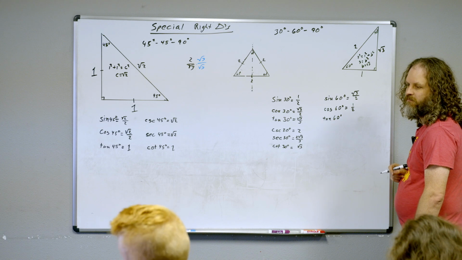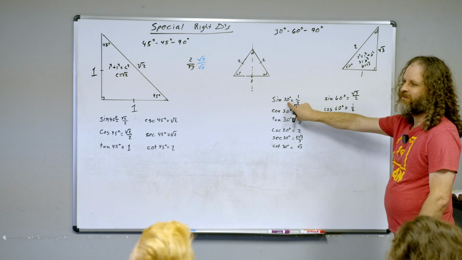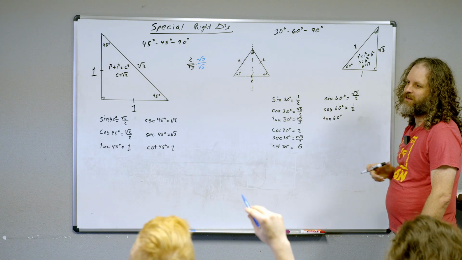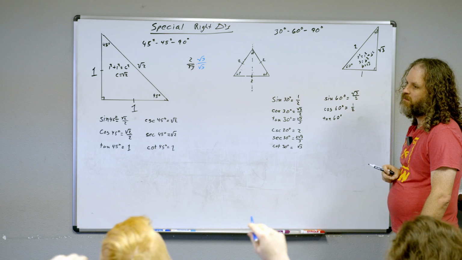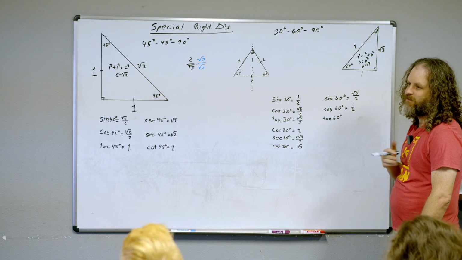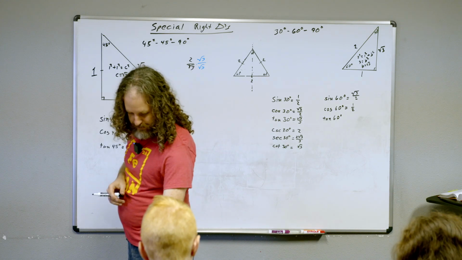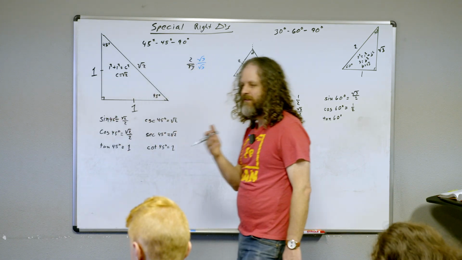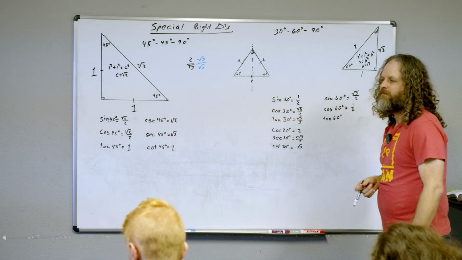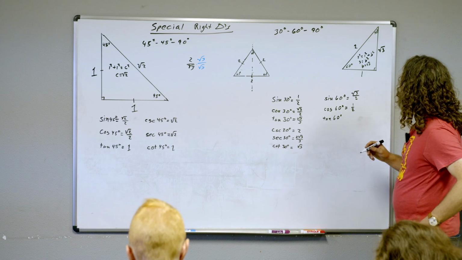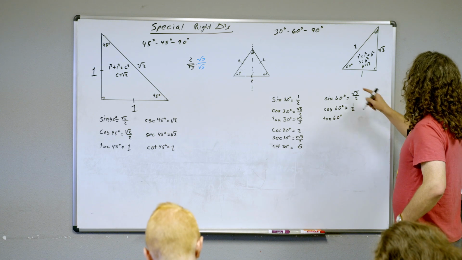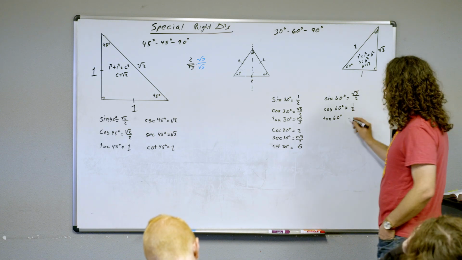And you know which ones to use because of SOHCAHTOA, because that's how they're defined. Sine is opposite over hypotenuse. Okay. Tangent of 60 is square root of 3 over 1.